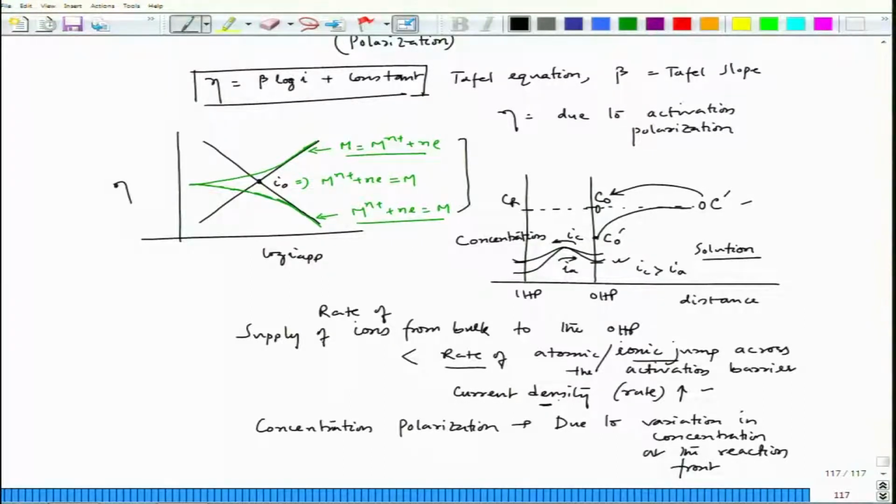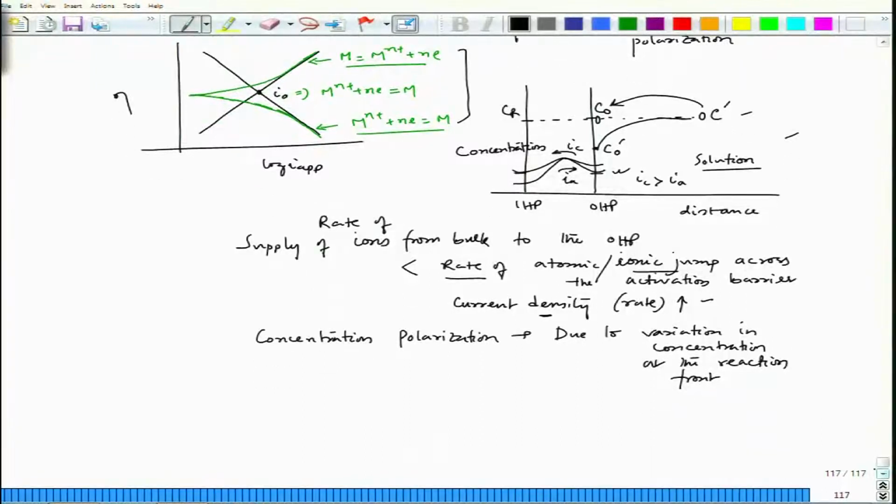So, it can be possible that the rate of ion supply from the bulk would be equal to the rate of ionic jump. So, there should not be any lag of concentration from bulk to the interface.